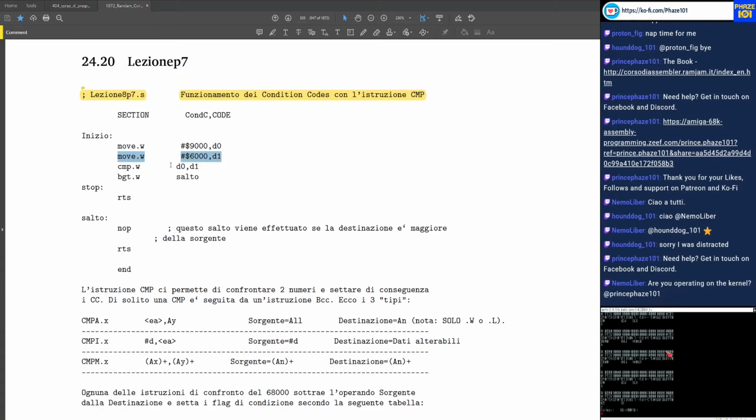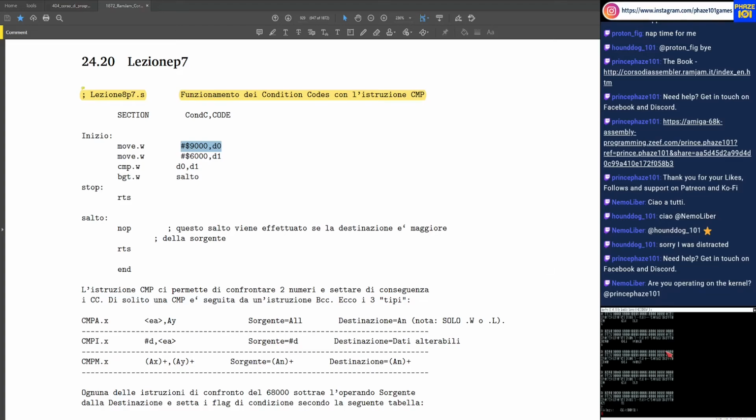So when we compare D0 with D1, of course, 6,000 is greater than minus 9,000, whatever that is in two's complement. Because of that, we will do the branch.